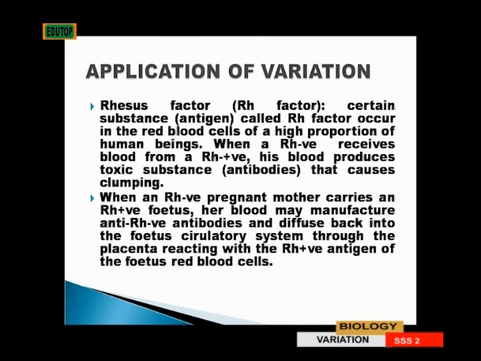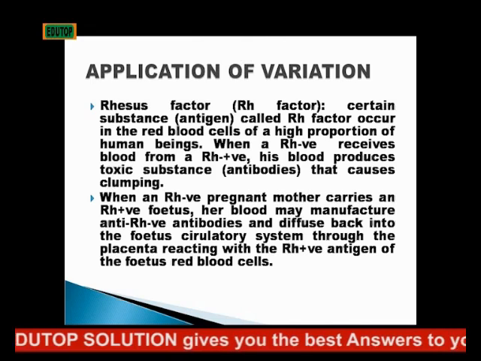When an Rh negative pregnant woman carries a baby with Rh positive, that is, the mother is Rh negative, but the fetus in her womb is Rh positive, her blood may manufacture anti-Rh antibodies.